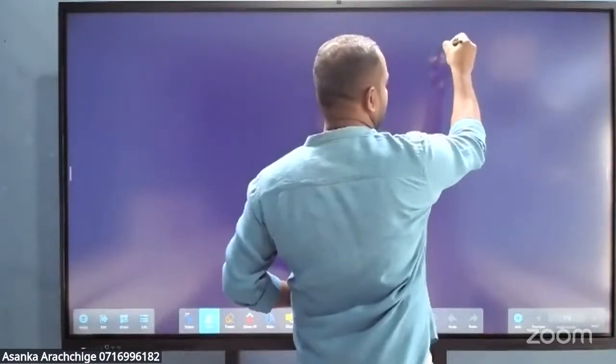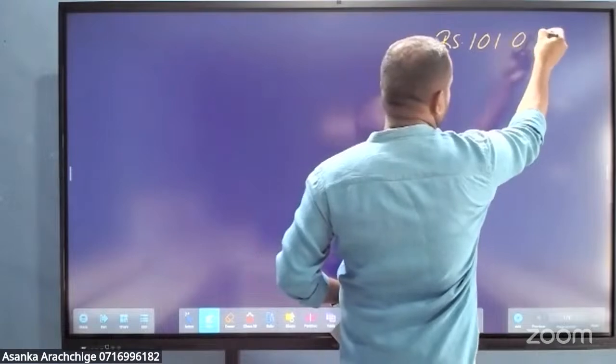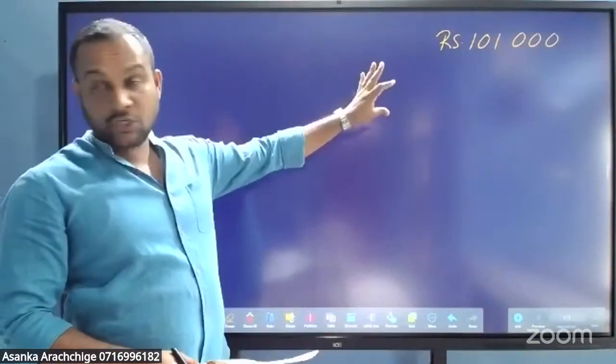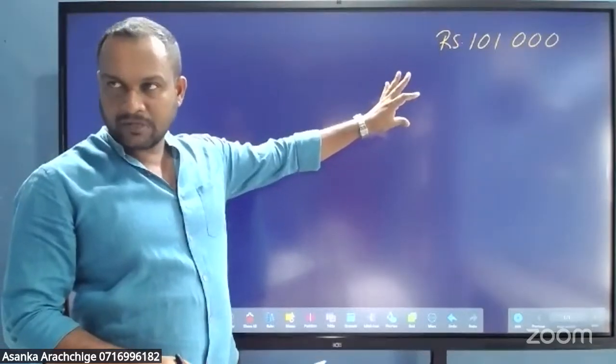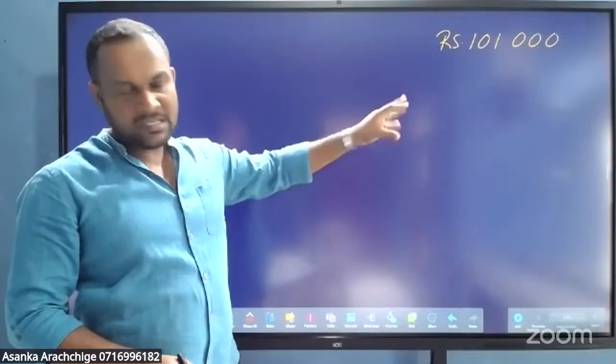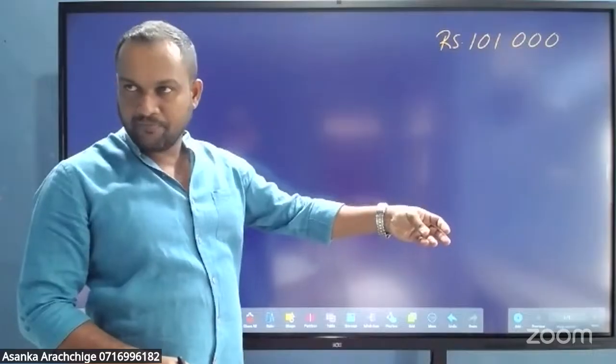We know the total cost of this item is 101,000 rupees. This is the actual price of this item when this is bought outright. Outright means by paying the total amount straight away.